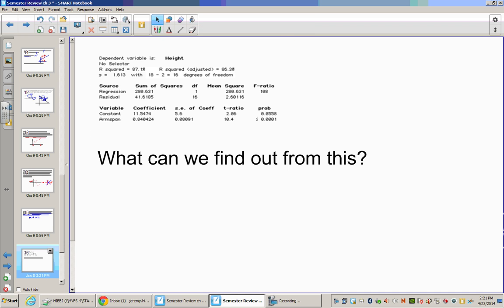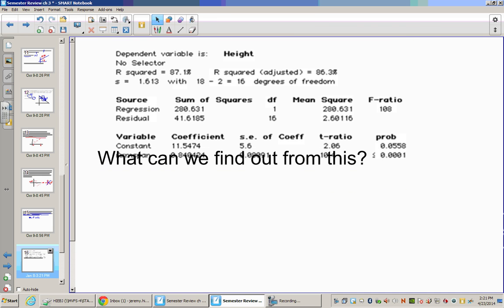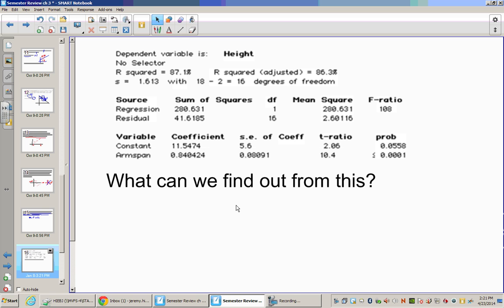All right, this is important. This right here is Minitab results. This isn't actually Minitab, I don't think. It's some other statistical printout. But it's good to look at this and see all the information we can get. Now this is our y-intercept, and this is our slope.